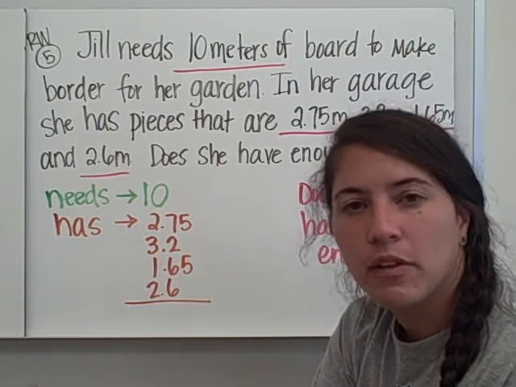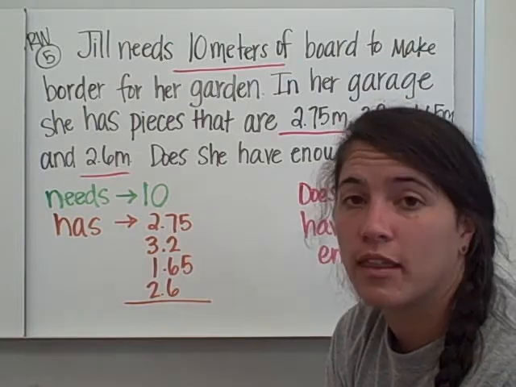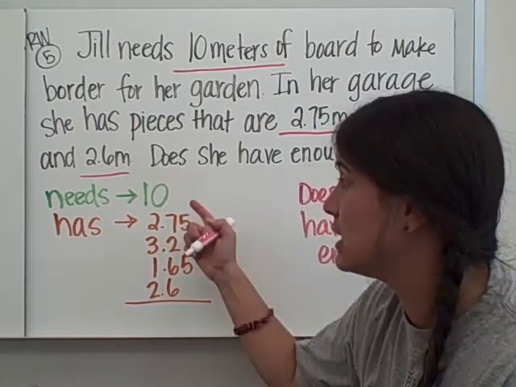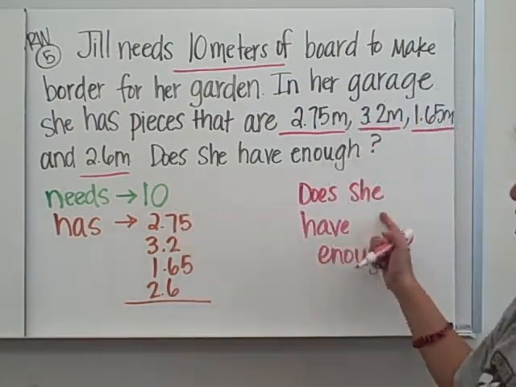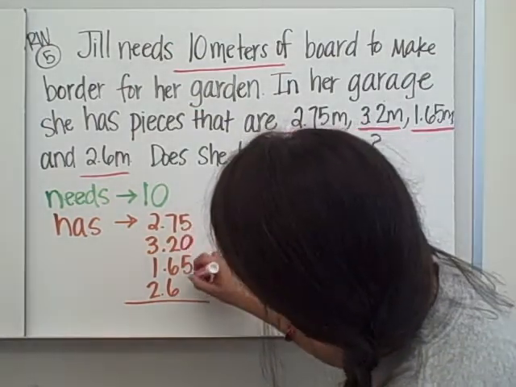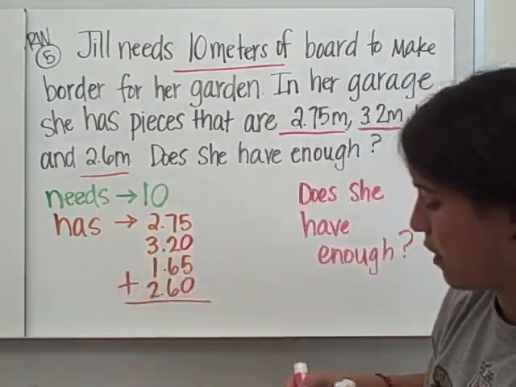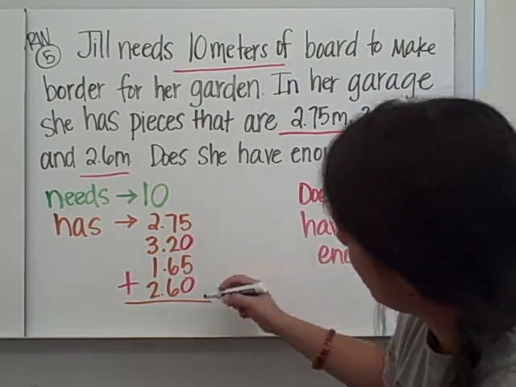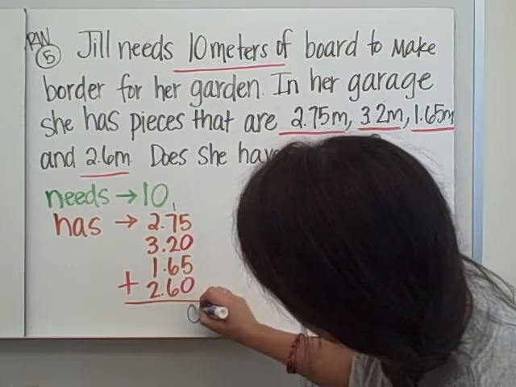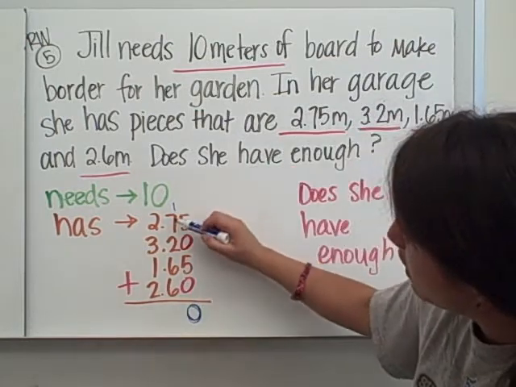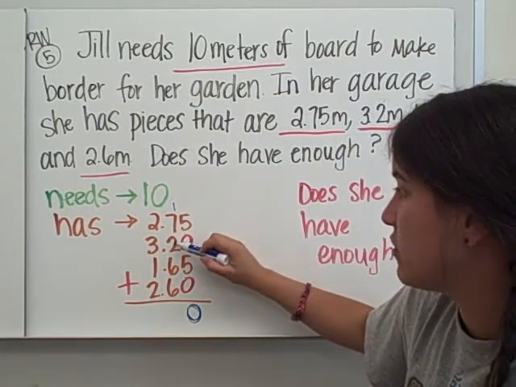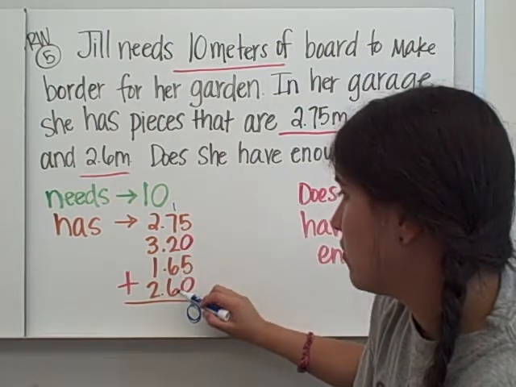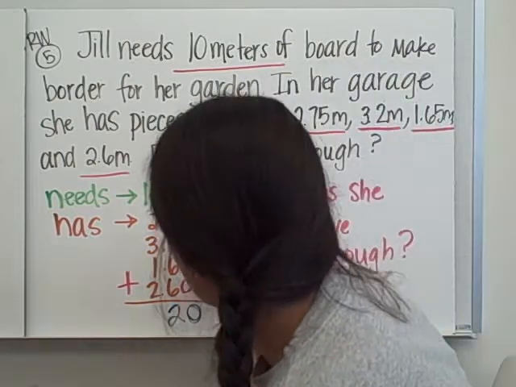So over here I've put she needs 10, and these are the 4 pieces that she has. There are a couple of ways to do this. I'm just going to show you one method. I'm going to add up all that she has and then compare that to 10 to decide, does she have enough? So I need a couple of placeholders, and I'm going to add up all these decimals. 5 plus 5 is 10. 1 and 7 is 8, plus 2 is 10, plus 6 is 16, plus 6 is 22.